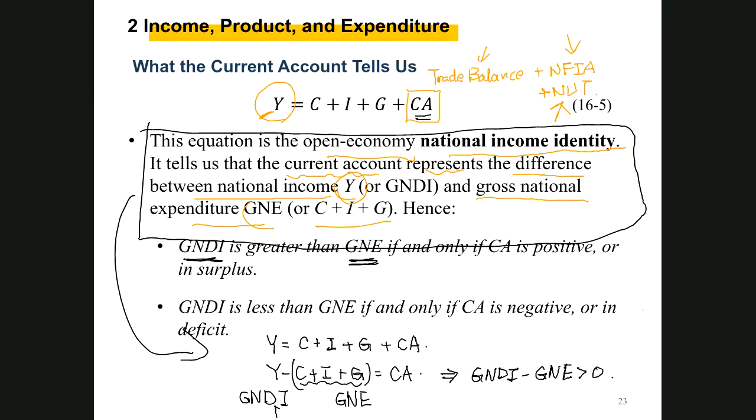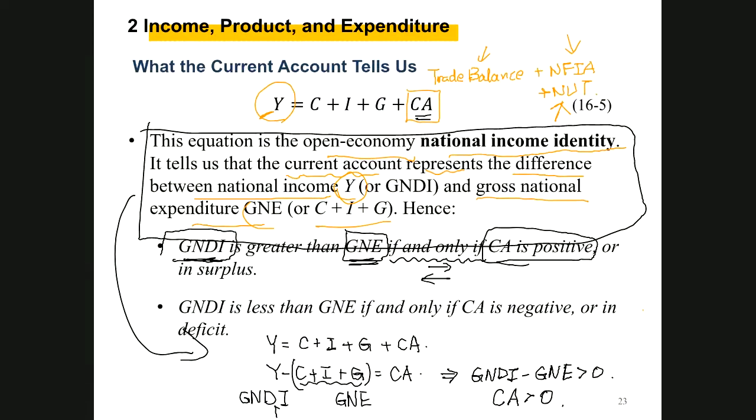So that means the current account of the international trade is larger than zero as well. You see here, the logical statement is if and only if, a sufficient and necessary condition. If CA is positive, that means the gross national disposable income is greater than gross national expenditure, right? And the other way around as well.